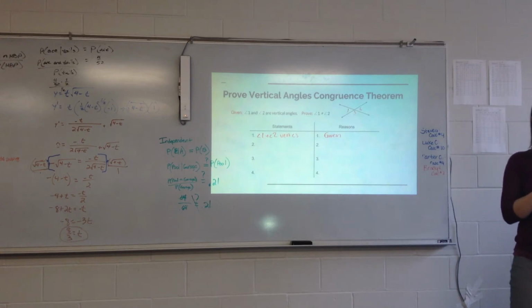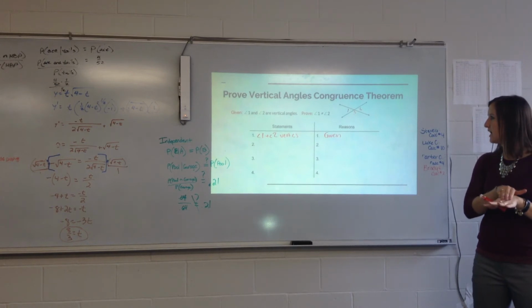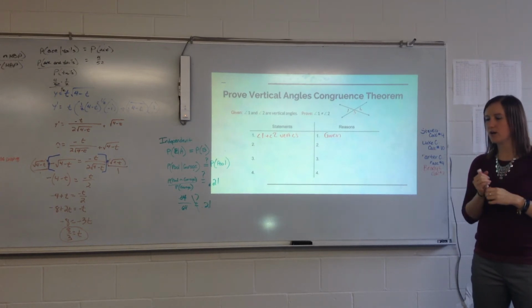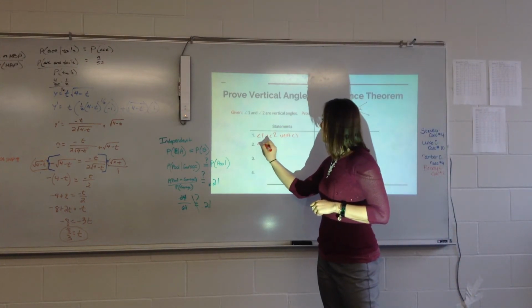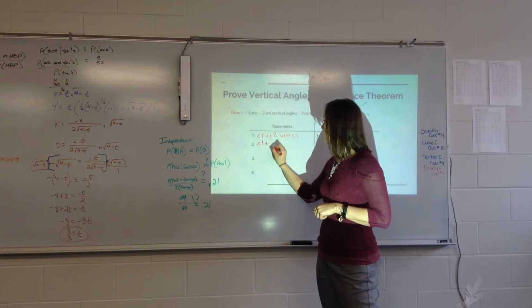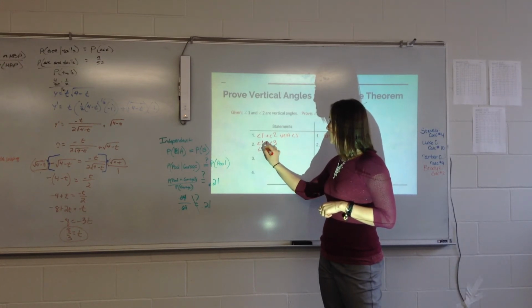Now, before I said we're going to use that linear pair postulate in this. So hint, linear pairs. Do I have any linear pairs over here? Yeah. Which ones? Angle 1 and 3, and angle 2 and 3.